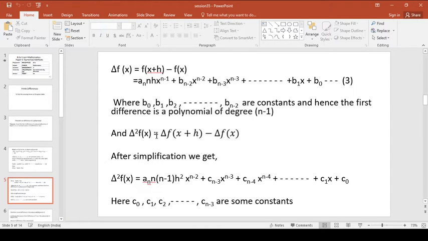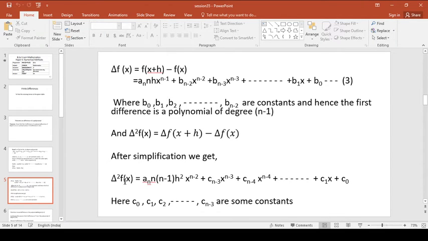Now calculate the second forward difference. The second forward difference of f of x is the first forward difference of f of x plus h minus the first forward difference of f of x, and substituting and after simplification we get the second forward difference of f of x is equal to an into n into n minus 1 into h square into x raised to n minus 2 plus cn minus 3 x raised to n minus 3 plus cn minus 4 x raised to n minus 4 plus and so on up to c1 into x plus c0, where all these c0, c1, c2 and cn minus 3 are constants.